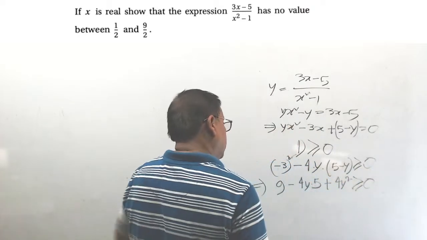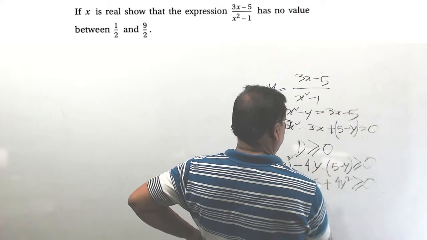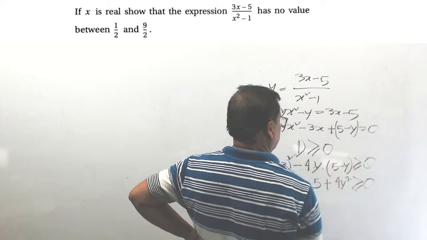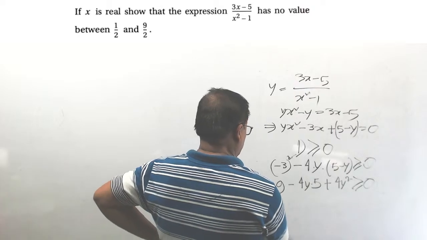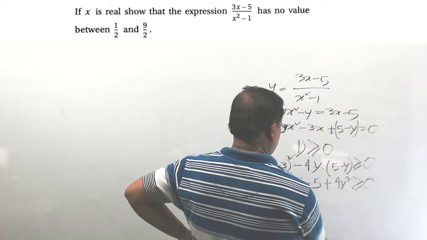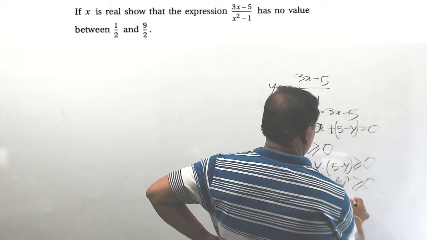Okay, check again. Minus 3 square is 9, minus 4y into 5 minus y plus 4y square. This implies 9 minus 20y plus 4y square greater than or equal to 0.